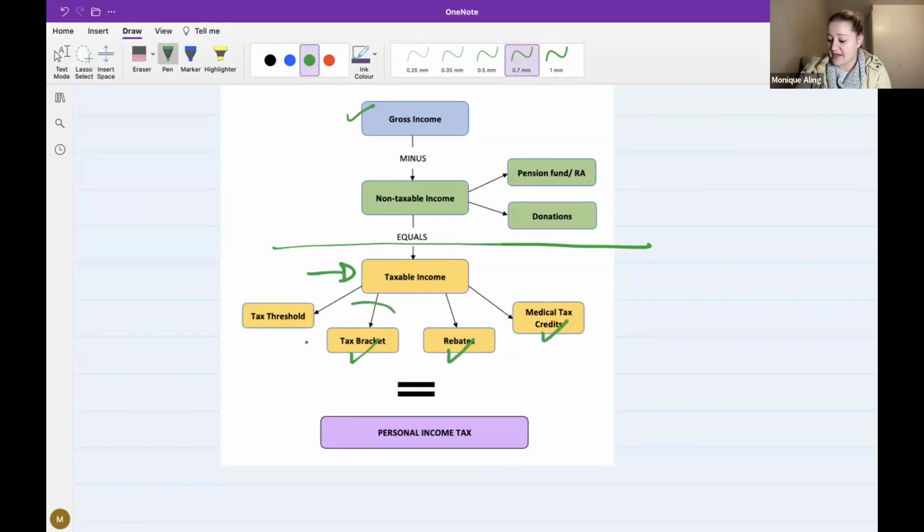Tax brackets and rebates are always in the question. You'll always have to work out a tax bracket, and you always minus rebates. Sometimes medical tax credits are involved, sometimes they aren't. If they're not there, then you don't have to worry about them.